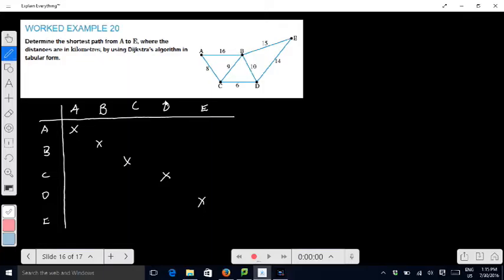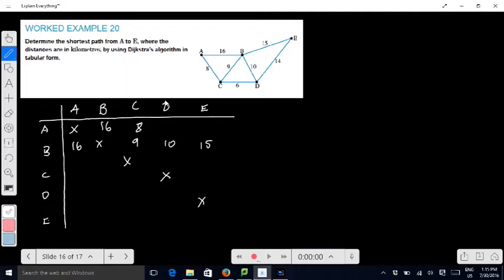A to B was 16. A to C is 8. A to D, there's no direct pathway, and A to E, there's no direct pathway. So from B to A was 16. B to C is 9. B to D is 10. B to E is 15.